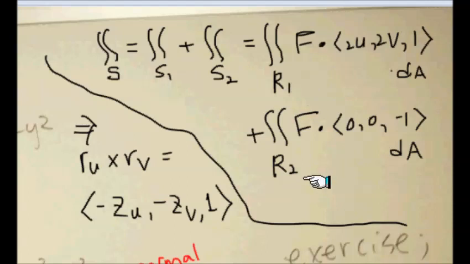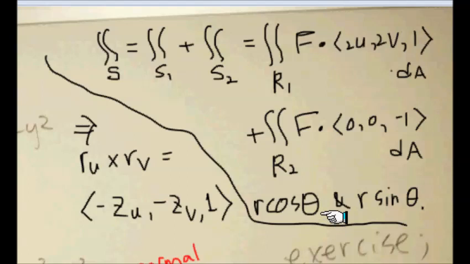So from here, a standard polar parameterization will work. Use r cosine theta and r sine theta for u and v. At this point in the double integral, that orientation is not important. If u is this one and v is that one, that'll result in exactly the same answer, because we're always multiplying by the positive r as a Jacobian for the double integral.